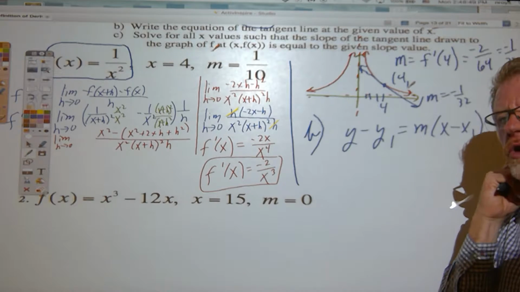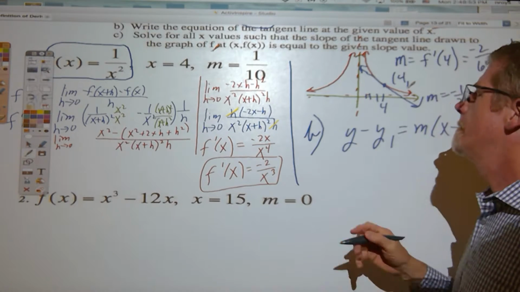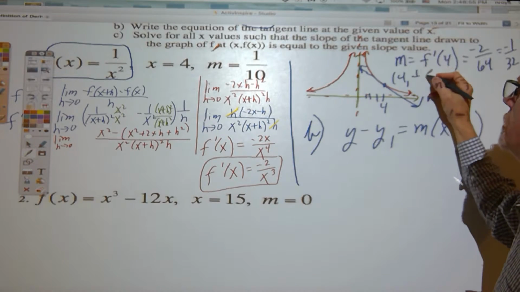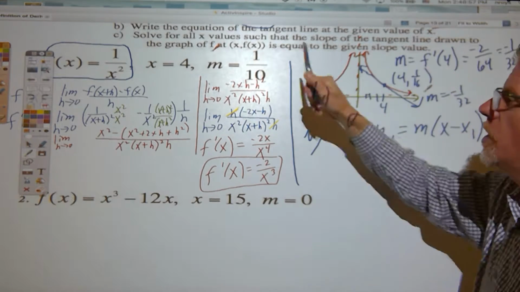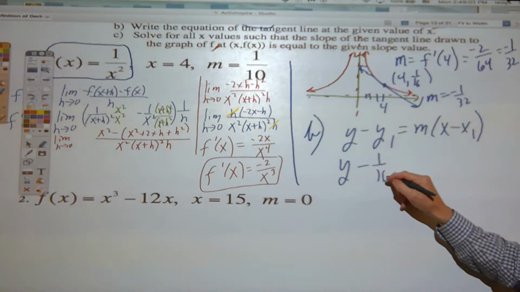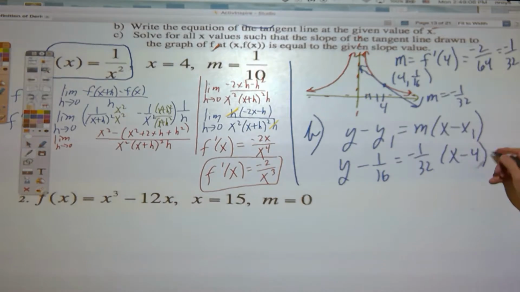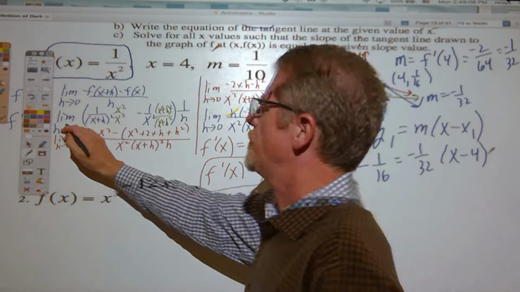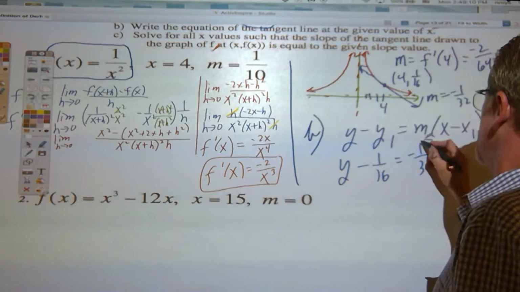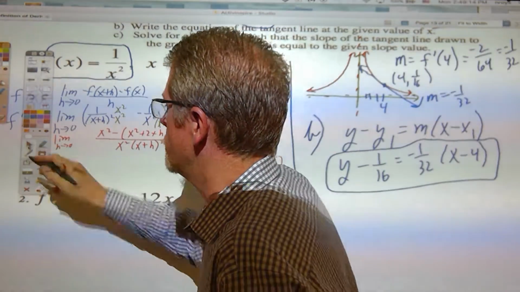So when you plug 4 into the original equation, what do you get for the height of golf ball 4? 1/16 is correct. It's 1 over 4 squared. So final answer in part B is y minus 1/16 equals negative 1 over 32 times x minus 4. Nothing more, nothing less. Just leave your answer for the equation of the tangent line in point slope form.